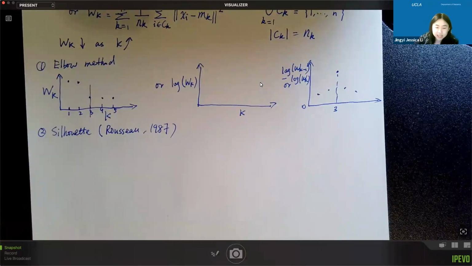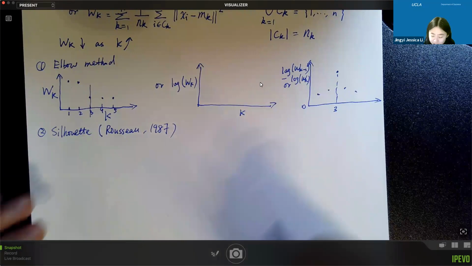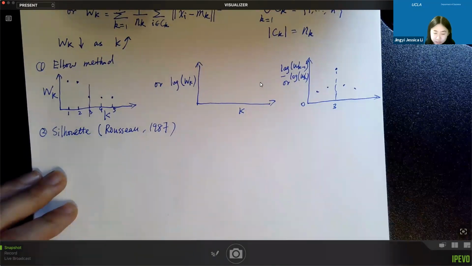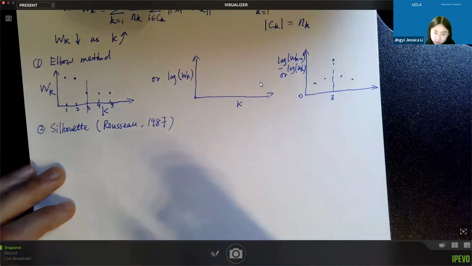What this does is that it defines a metric to compare between cluster distance and within cluster distance. An ideal case should give us small within cluster distance, but big between cluster distance. That's the intuition. Okay, so let me give you the definition using notation.